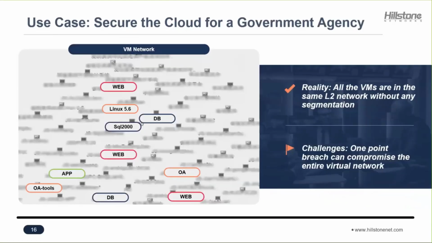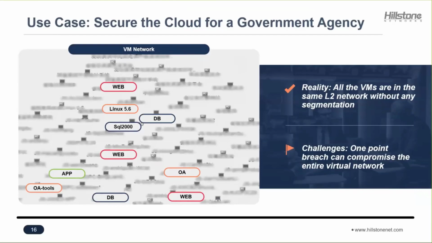This is one of the use cases, just here for illustration. One of the customers that bought CloudHive is a government agency. Before deploying CloudHive, this is what their virtualization environment looked like: a bunch of virtual machines all in a flat layer 2 network. You don't really know who is talking to whom.